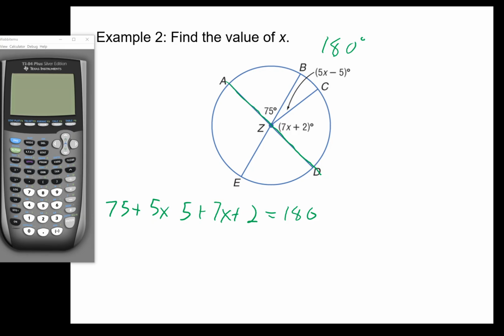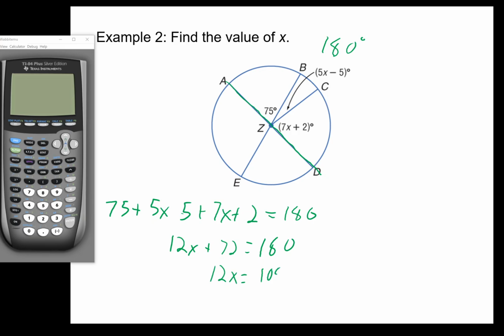Now we're going to combine like terms and solve. So we've got 5x plus 7x makes 12x. Then we've got 75, and there's our hidden minus. Minus 5 is 70, plus 2 is 72, equals 180. Let's go ahead and subtract 72 off.